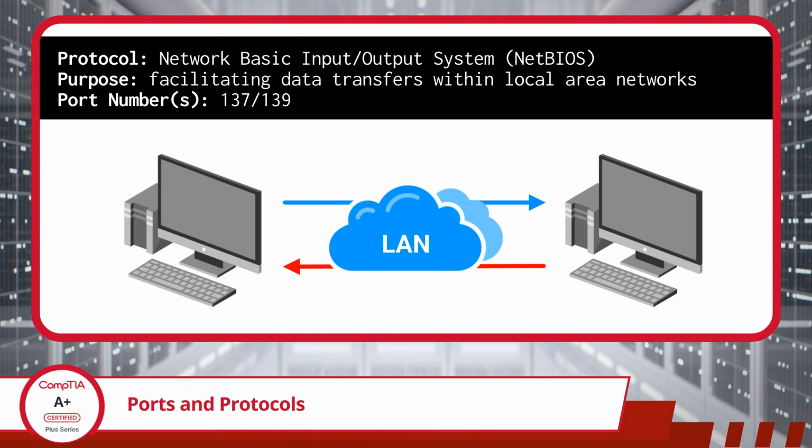Port 137 is designated for name services, essential for the identification of networked computers. Meanwhile, port 139 is involved in session services, enabling the establishment and maintenance of network connections between devices. While NetBIOS is highly useful in small-scale network environments, it is not designed to handle the complexities of modern, large-scale internet networking.